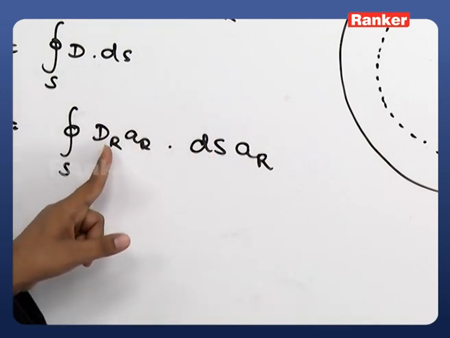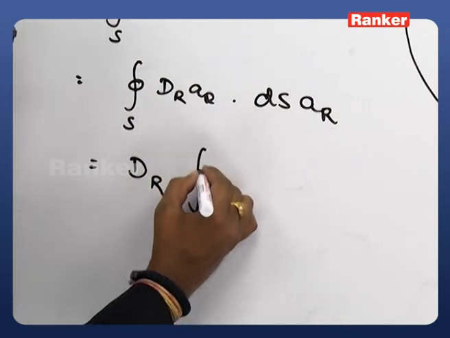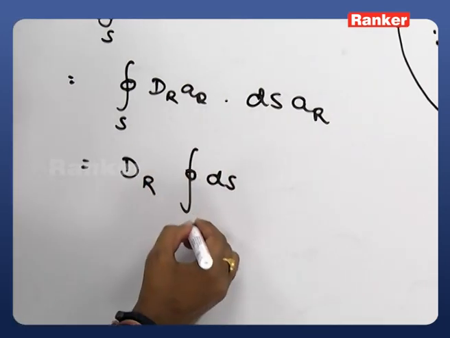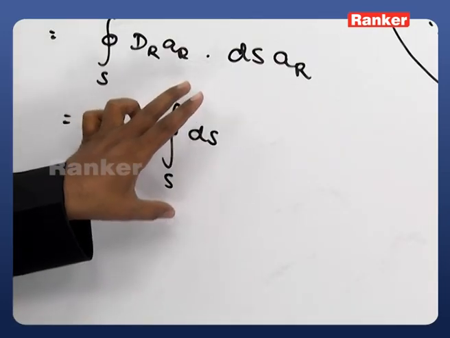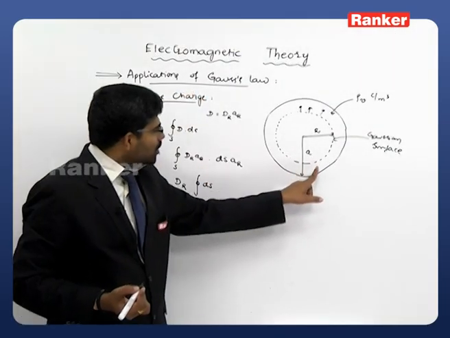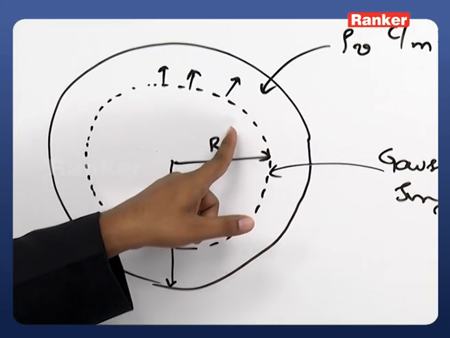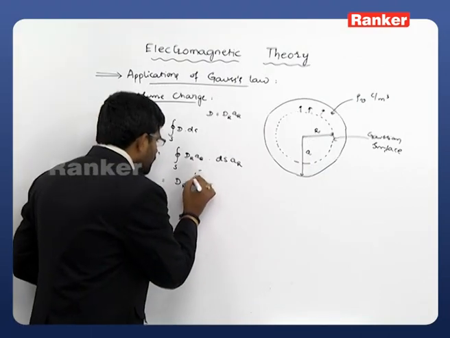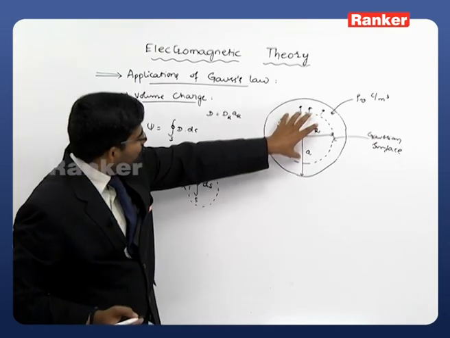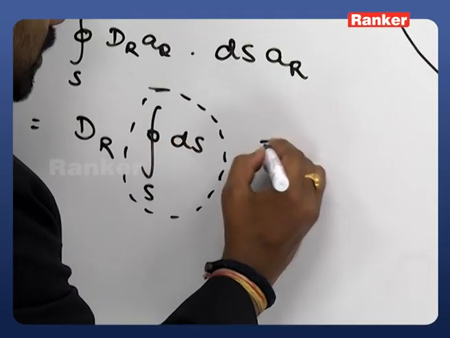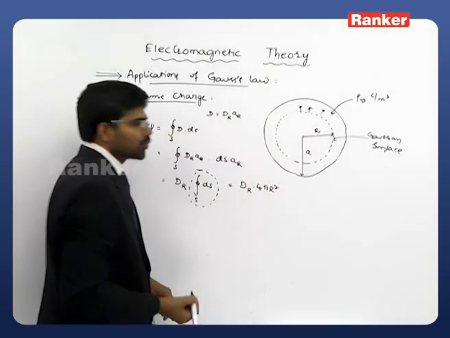D_r is uniformly distributed, so clearly you can write D_r times the surface integral of dS. The surface integral of dS is nothing but the surface area of the Gaussian sphere we considered. The Gaussian sphere radius is r, so clearly this entire term can be replaced with 4 pi r square, which is the surface area of the Gaussian sphere. So this can be written as D_r into 4 pi r square.